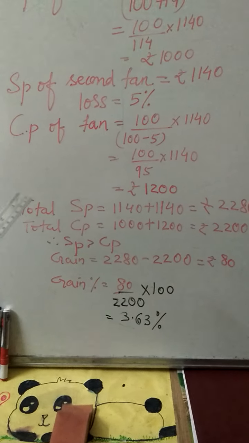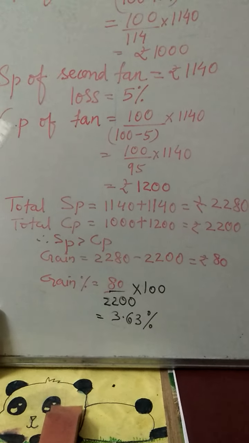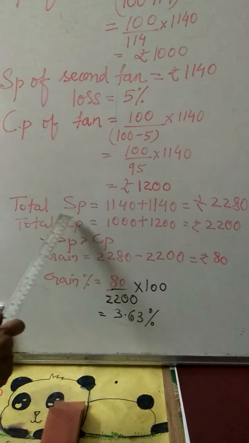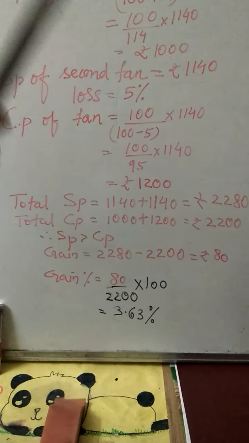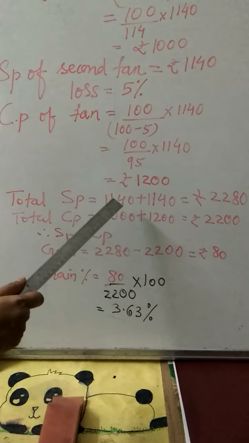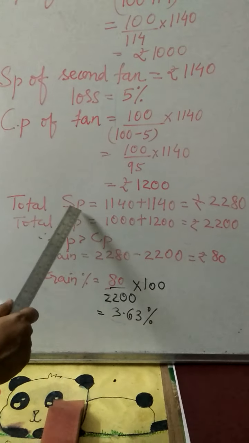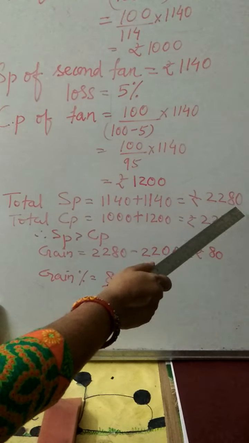Now we have to find whether he is having gain or loss in the whole transaction. In the whole transaction, you have to check SP and CP both. So for that, do the total of selling price, of both the fans. Selling price of first fan plus second fan is 2280.